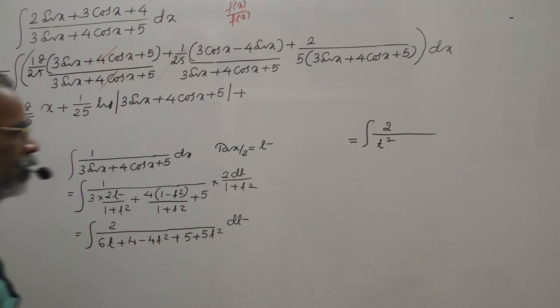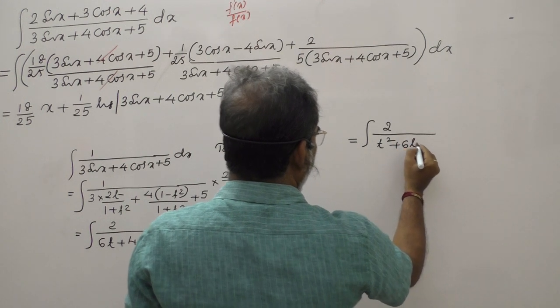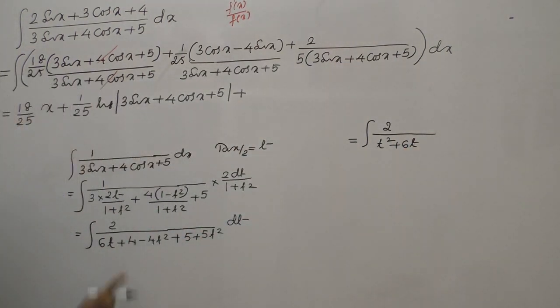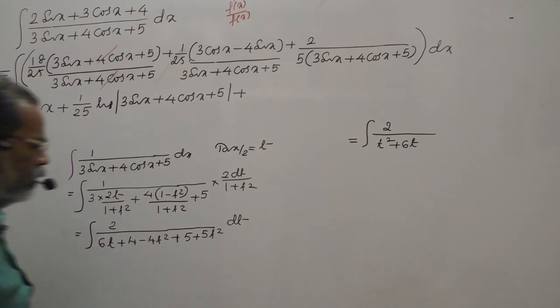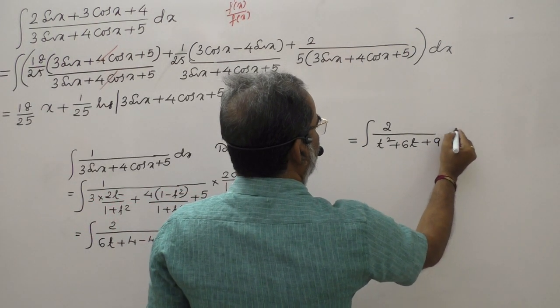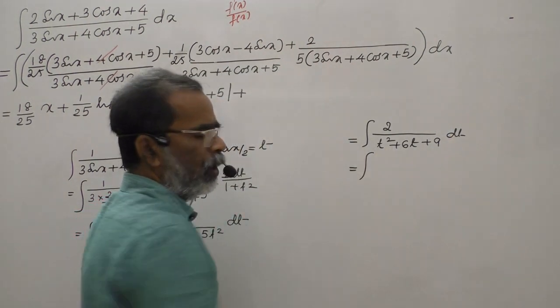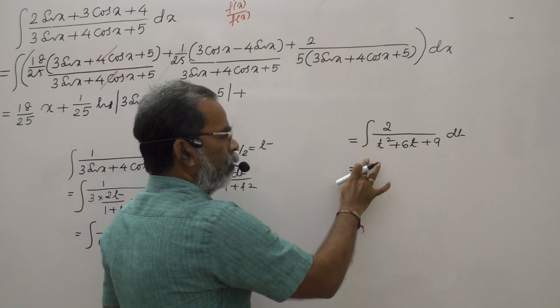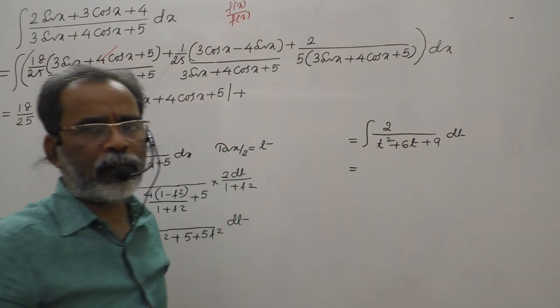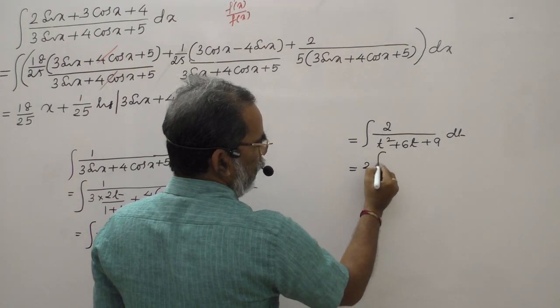Next, we have 6t, and also what is the constant? It is 9, into dt. So again, this is of which type? 1 by ax square plus bx plus c type. 2 can be written outside.